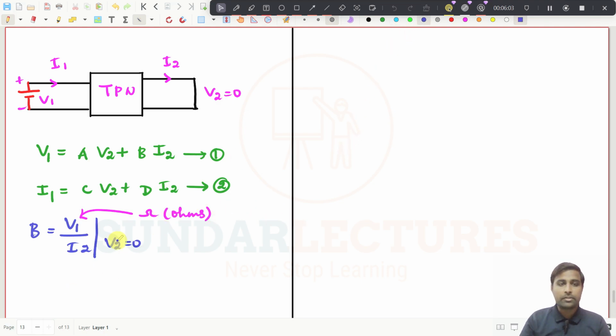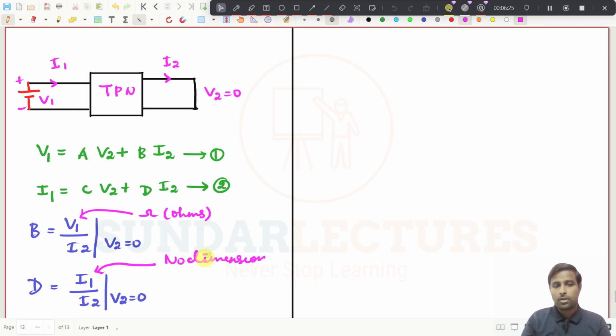And what happens to the value of D? V2 becomes 0. So D will be equal to I1 by I2, with respect to V2 equal to 0. And if you are going for dimensions, it has no dimension.